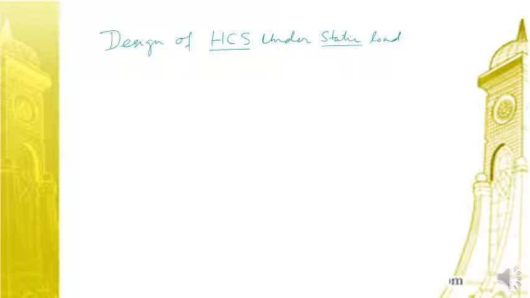And what do we mean by design of a spring? Before we start solving the design problem, when we talk about the design problem, we are designing a spring. And when we design a spring, what do we need to start with?